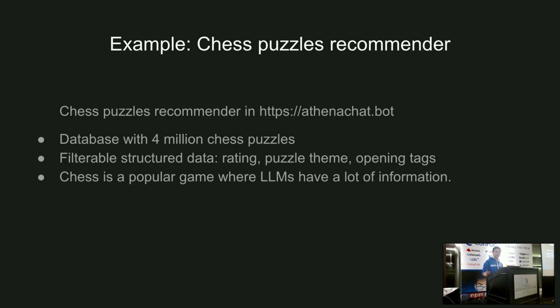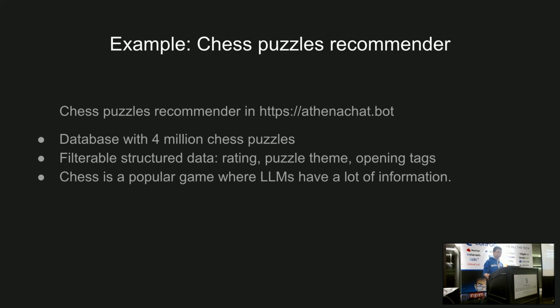The ELO system is very numeric, so you can query by numbers, right? Also, the chess themes, basically the opening tags and the puzzle themes, are basically enums with a finite set of tags. So in those cases, the data is super structured. There's no ambiguity in the text.